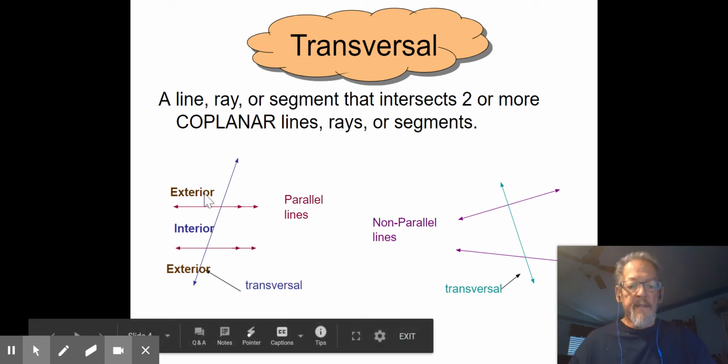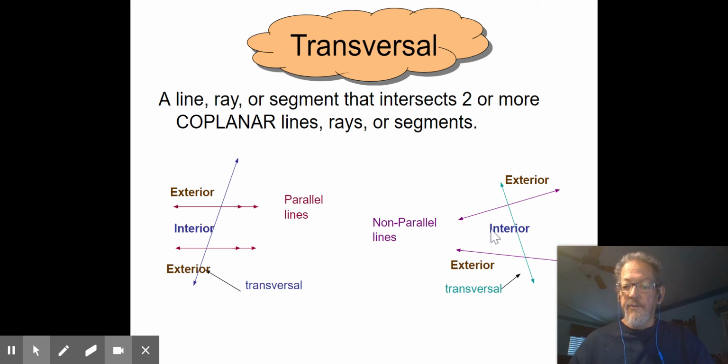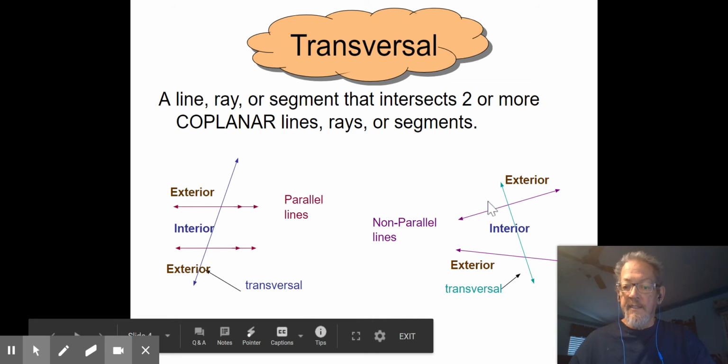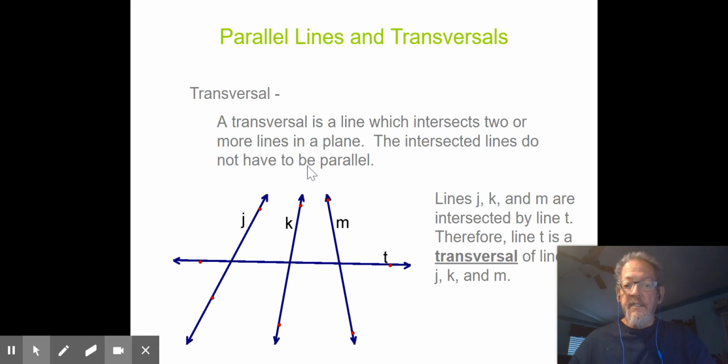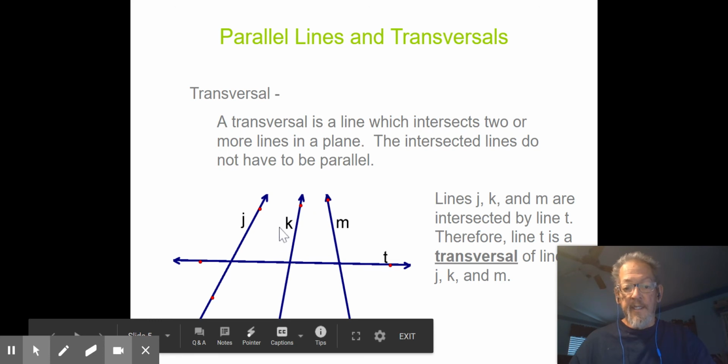The same things apply then. Outside of the two lines is exterior, inside is interior. Same with this one: in between the lines is interior, outside the lines is exterior. A transversal is a line which intersects two or more lines in the plane, so it can intersect three lines.